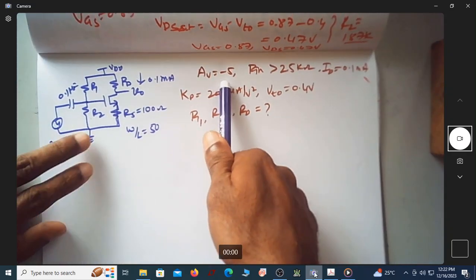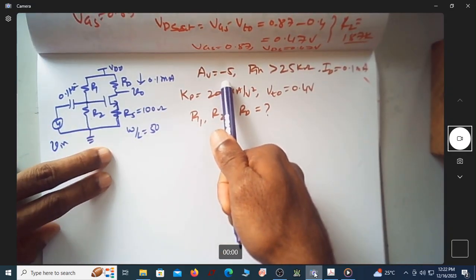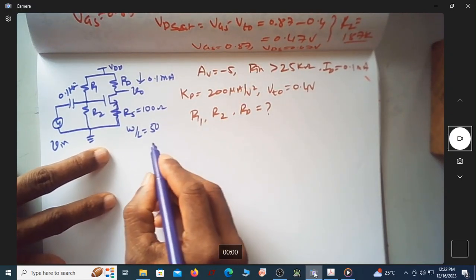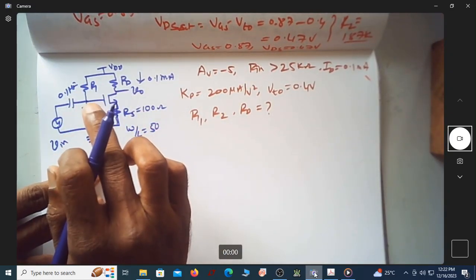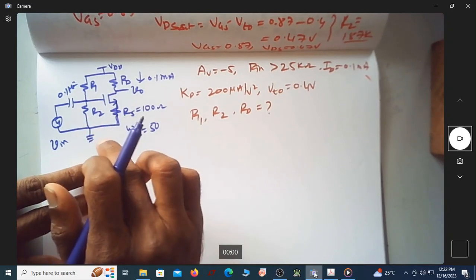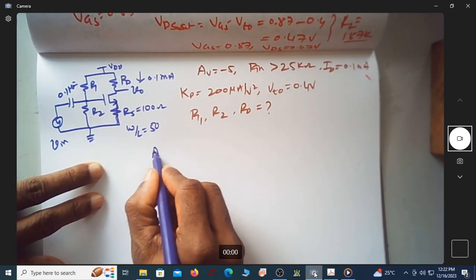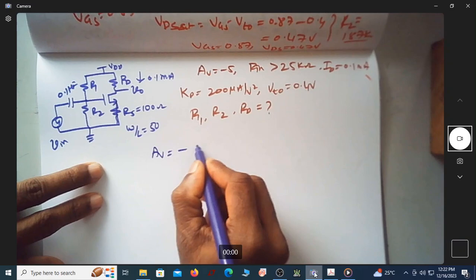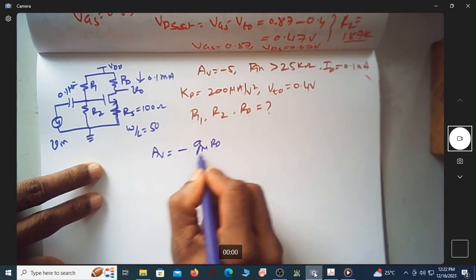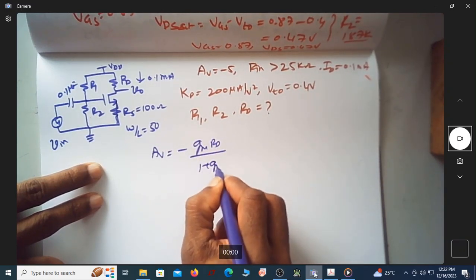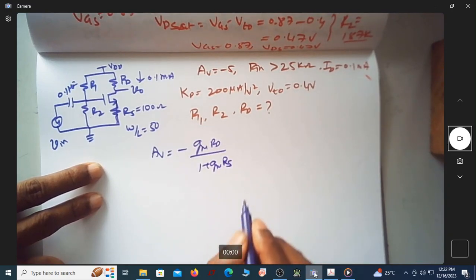Since AV is expected to be -5, we know the expression for AV for this CS amplifier with source degeneration is AV equals minus GM into RD divided by 1 plus GM into RS.